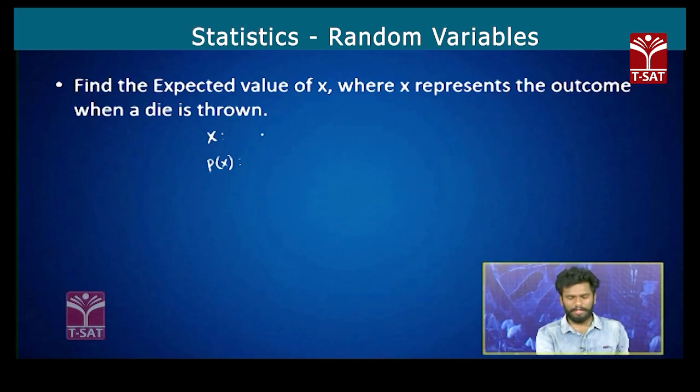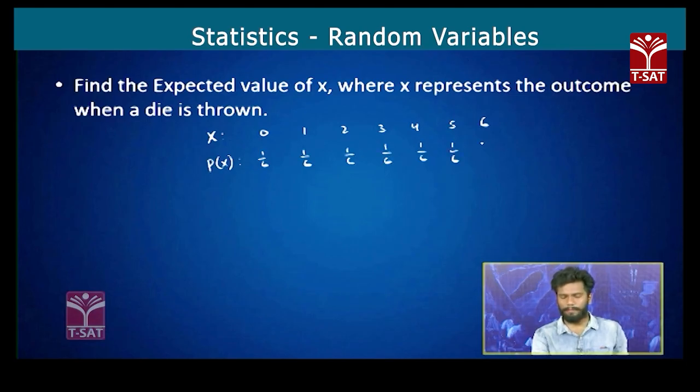The random variable will take the values 0, 1, 2, 3, 4, 5 and 6. Those are the possible outcomes. The probability of getting 0 is 1 by 6, the probability of getting 1 is 1 by 6, and it is equal for everything. Now we have to find the expected value of x, expectation of x.